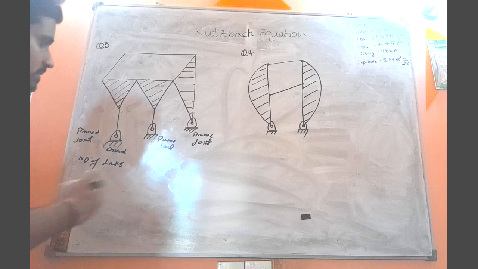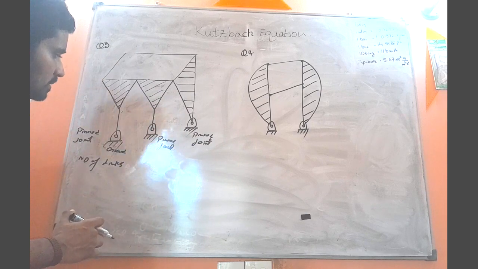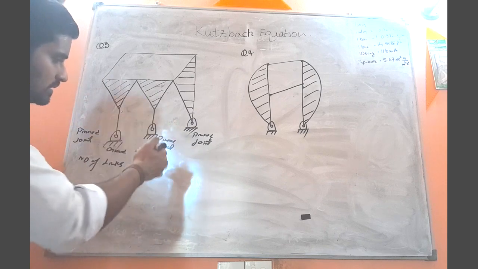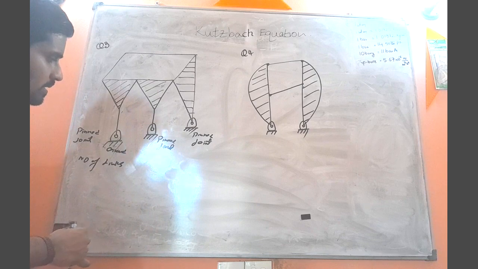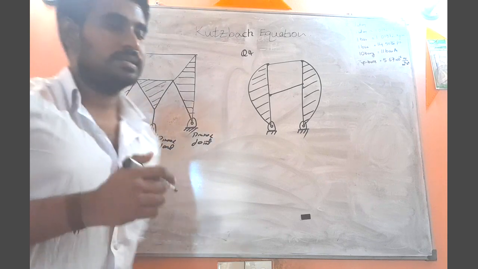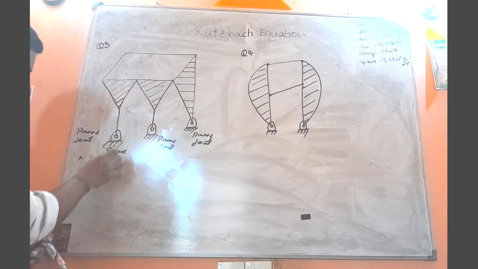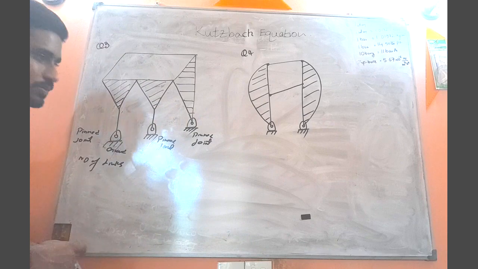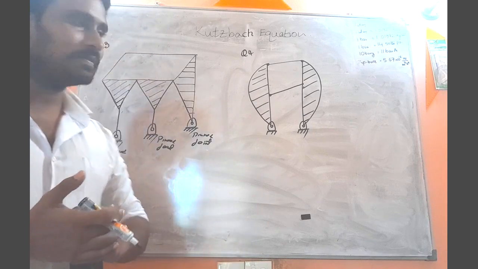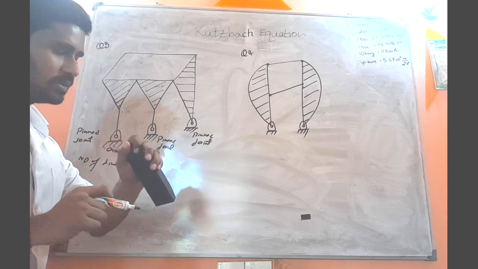This pinned joint is connected to somewhere, in other words, to the ground. As I discussed in previous examples, this fixed ground-like thing we also consider as a member, but we are not going to give different labels, only one label.